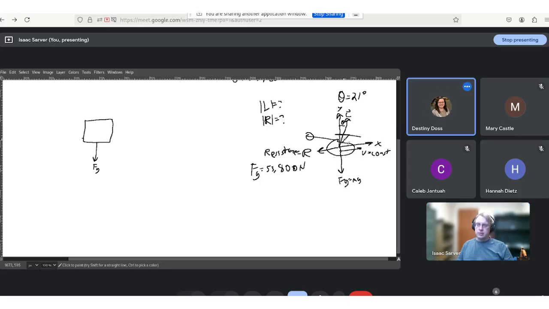Where are you seeing the T? This is an L and this is an R. We also got this V here. V equals constant.